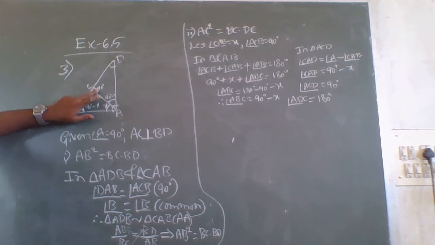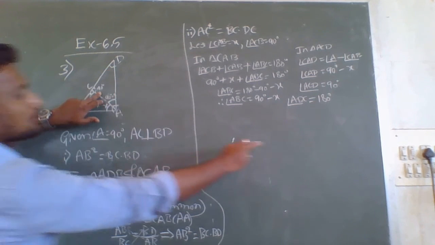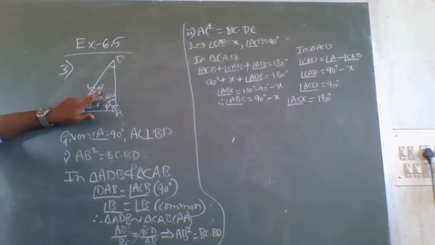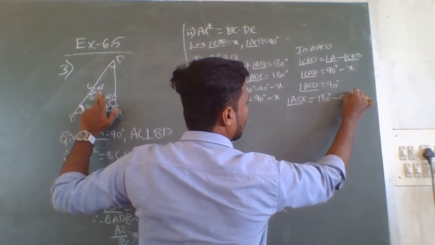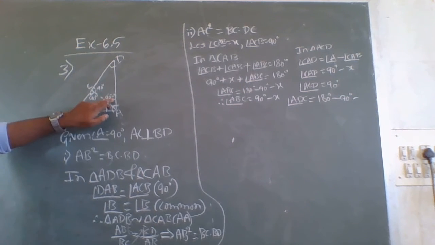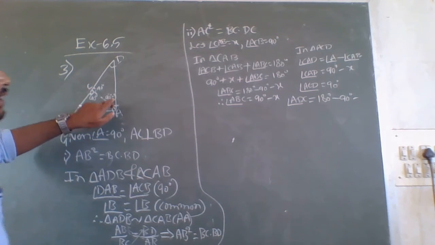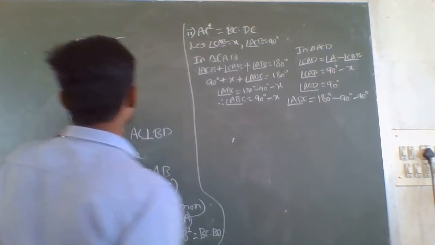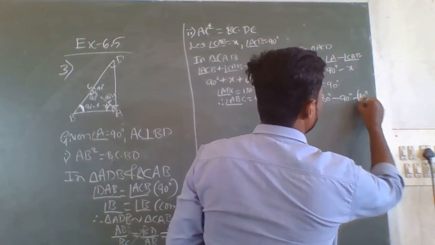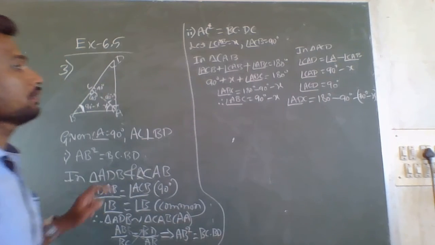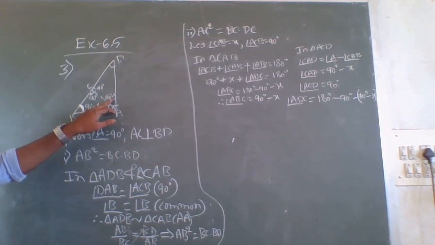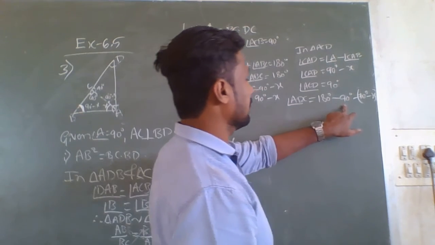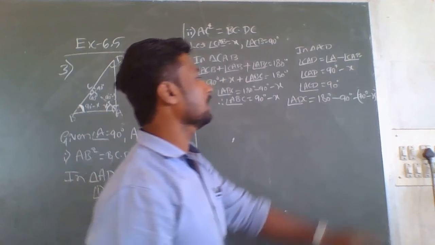I will subtract these two angles from 180 degrees. Therefore, angle ADC equals 180 degrees minus 90 degrees, minus this angle, which is 90 degrees minus x. So 180 minus 90 degrees, minus of 90 degrees minus x.